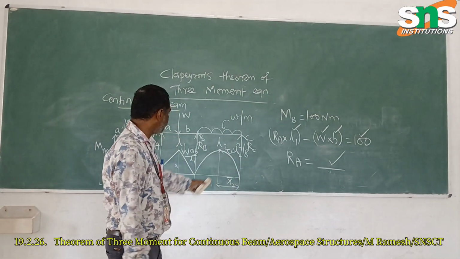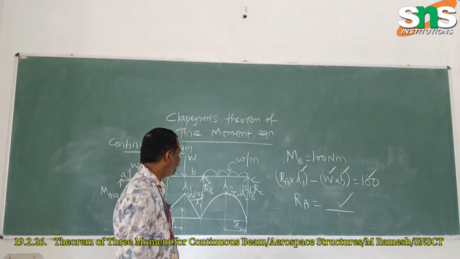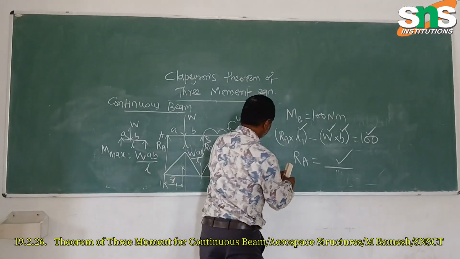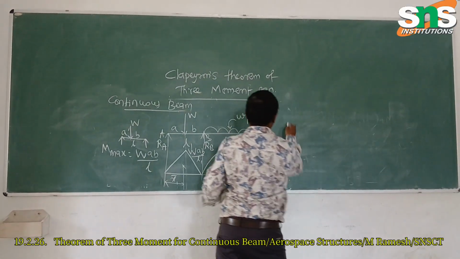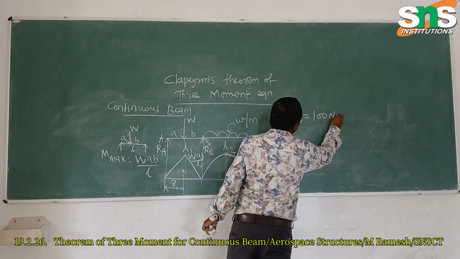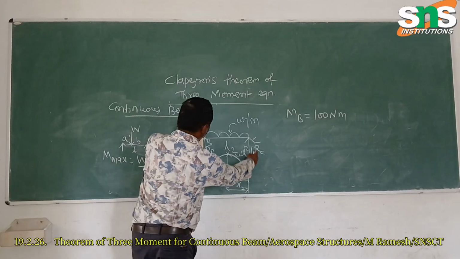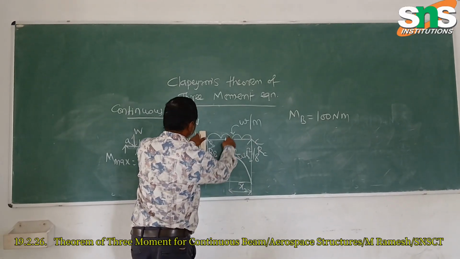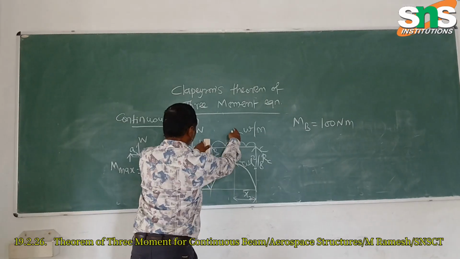After that, you can go for the right side. You can take the right side also, same thing, with the value of 100 Newton meter. Now consider the right side. So RC into L2 and W into L2 into half of the value.